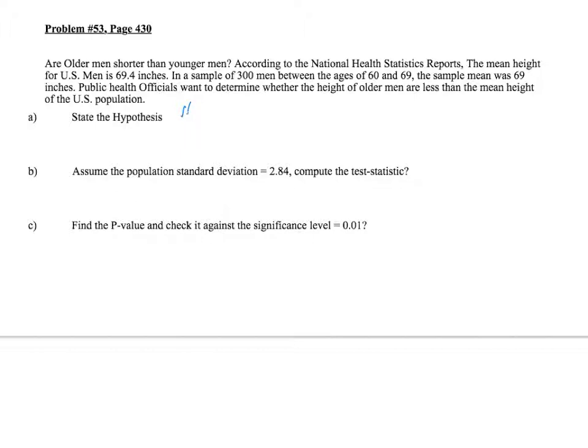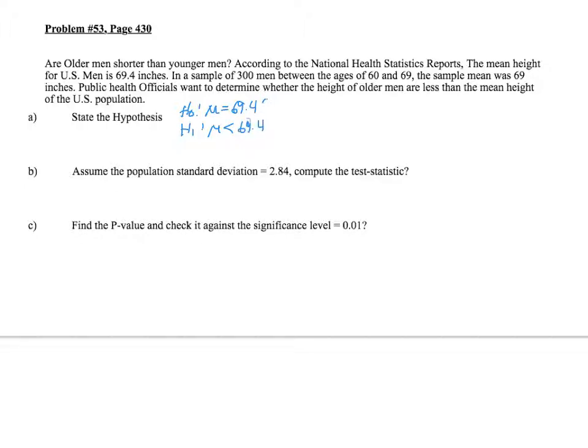So H naught: mu is equal to 69.4, and H1: mu is less than 69.4.